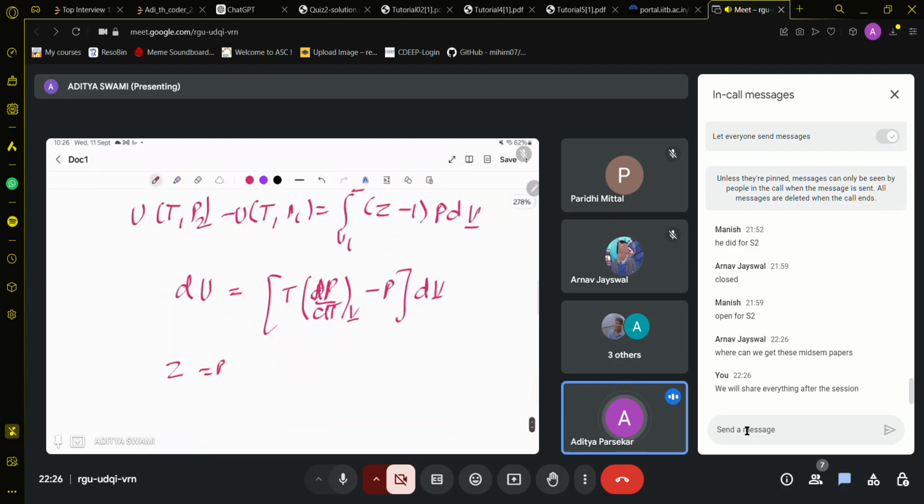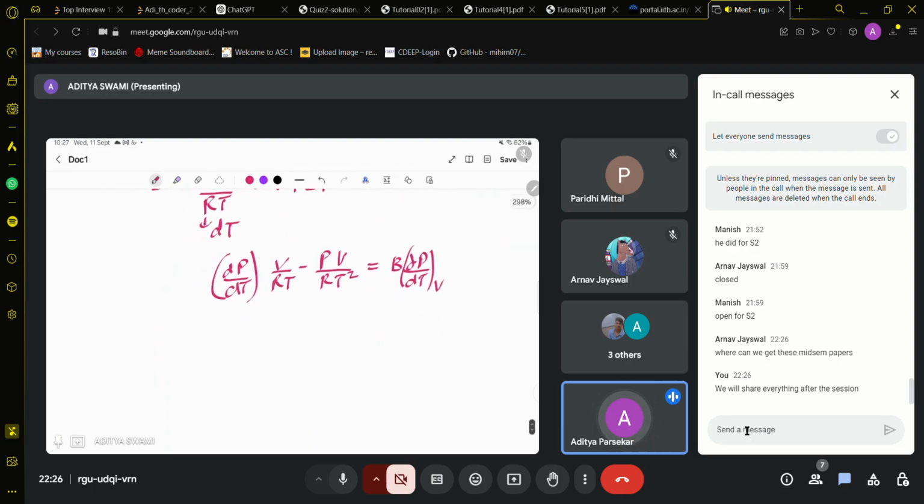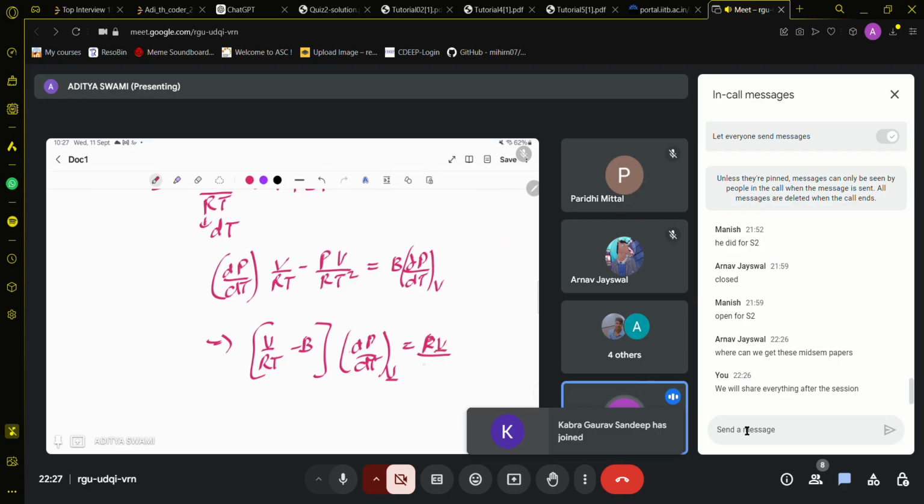Also, since we know that Z is equal to Pv bar by RT, and this is equal to 1 plus BP, we can differentiate this with respect to temperature, and we'll get dP by dT: v by RT minus Pv by RT square is equal to v times dP by dT at v, and this can be written as (v by RT minus B) dP by dT at v bar. This is equal to Pv bar by RT square.